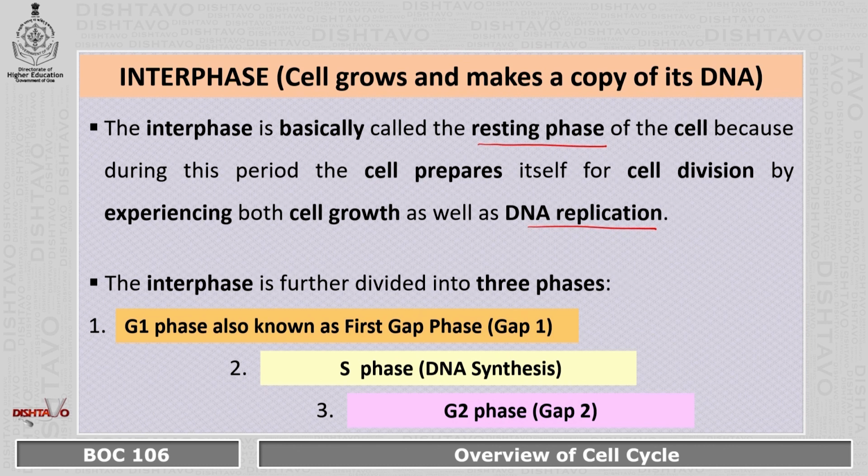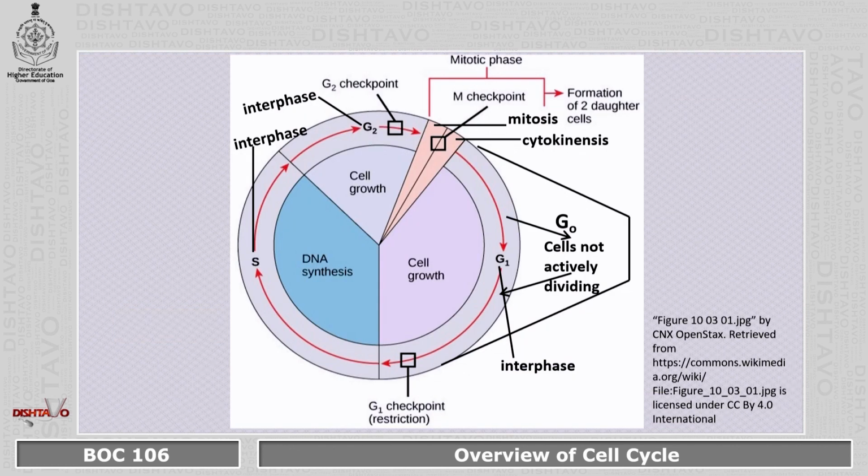G1 phase, known as the gap 1 phase, S phase, that is the DNA synthesis phase, and G2 phase, the gap 2 phase. This figure explains the three phases of interphase: G1 phase, which shows the checkpoint, also called the restriction point; S phase, also called the DNA synthesis phase; and G2 phase, which also shows the checkpoint.